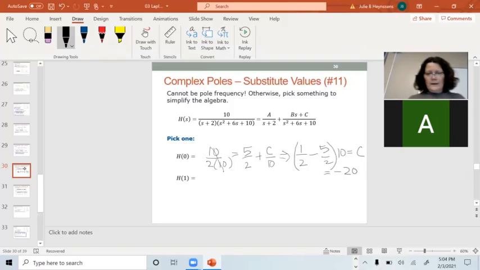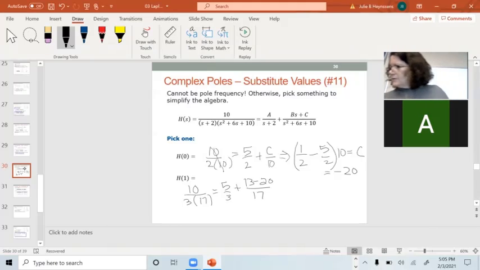For h of 1, yeah, I got my cheat sheet in front of me. 10 over 3 times 17 equals 5/3 plus B minus 20 over 17.